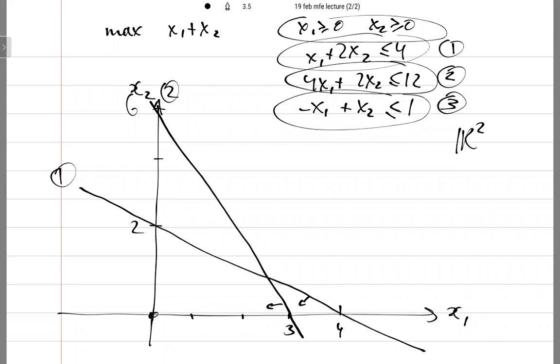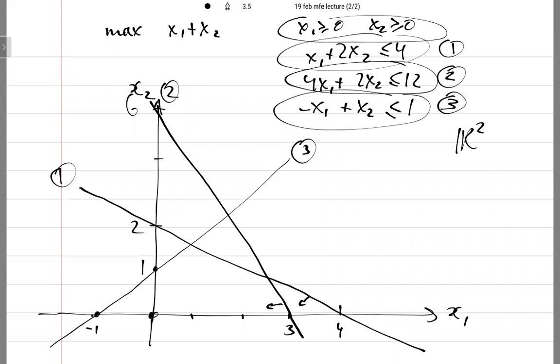The third line is minus x1 plus x2 equal to 1. I think this line will go something like that, through the point minus 1, 1. And once again, I check whether 0, 0 belongs to the inequality: 0 minus 0 plus 0 is less than 1.